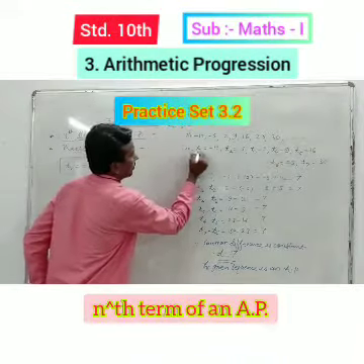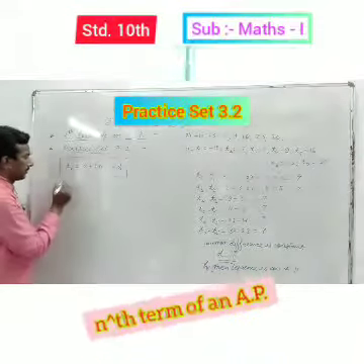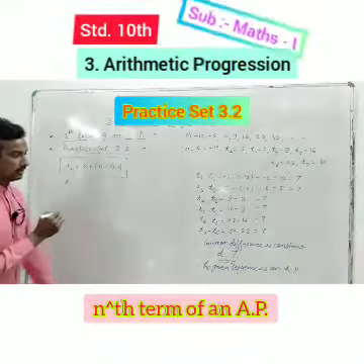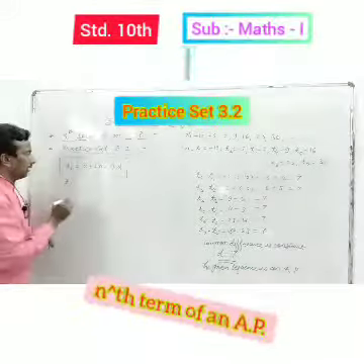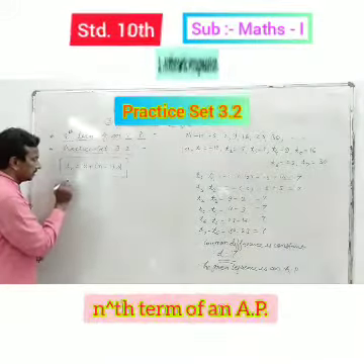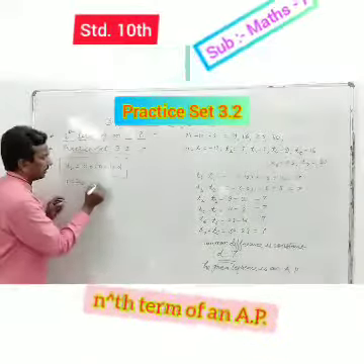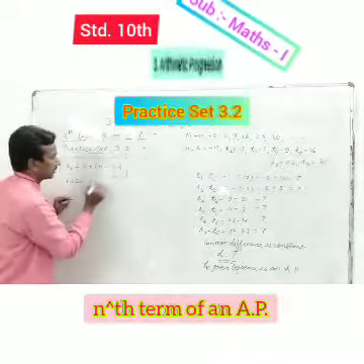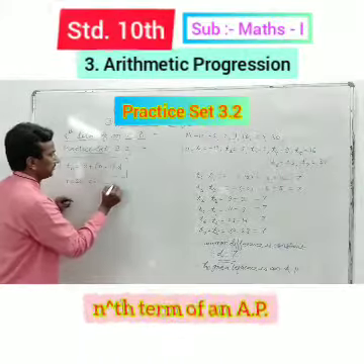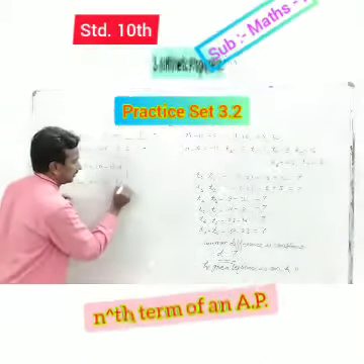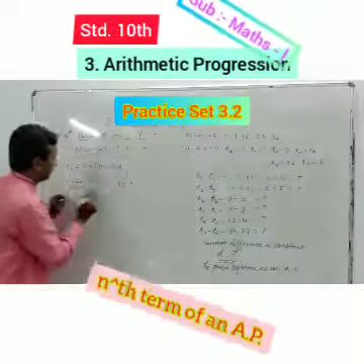A is equal to T1, which is minus 12. We have to find Tn, where the value of n is 20. A is the first term, that is minus 12. n is already given, and D is equal to 7.